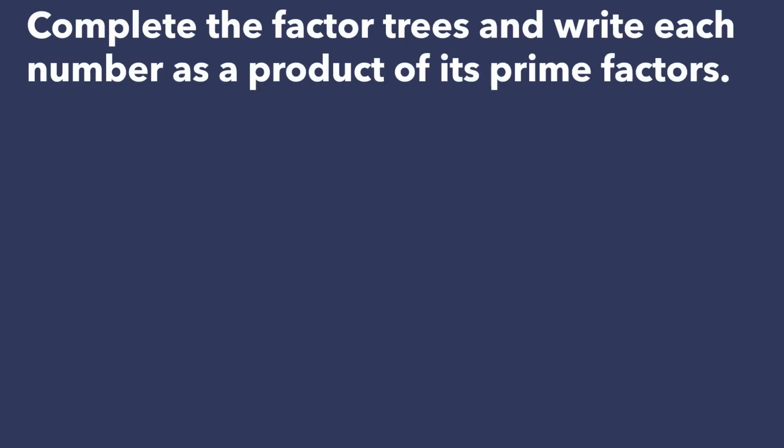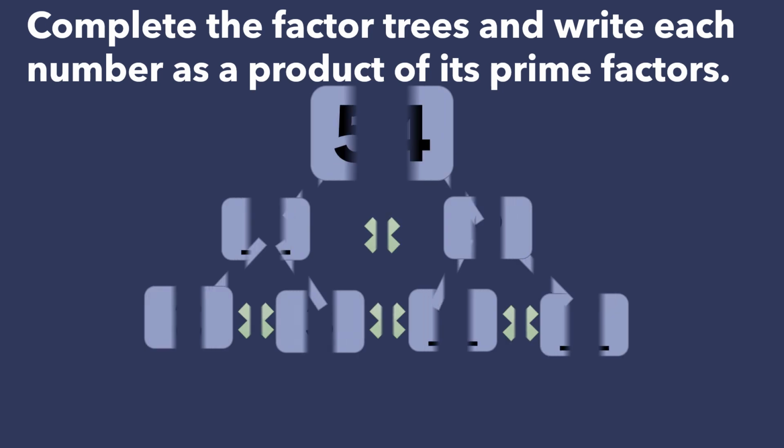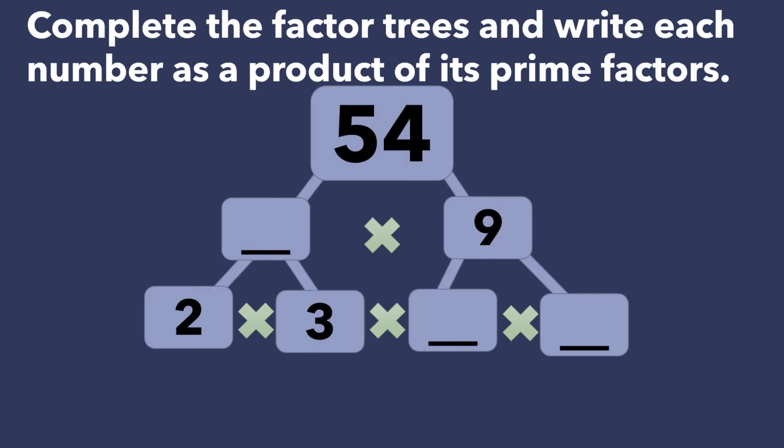Let's go for another number. Let's have 54. So this time, what is the other number being multiplied by 9? The answer is 54. Correct. It's 6 because we have here below 2 times 3 is equal now to 6.